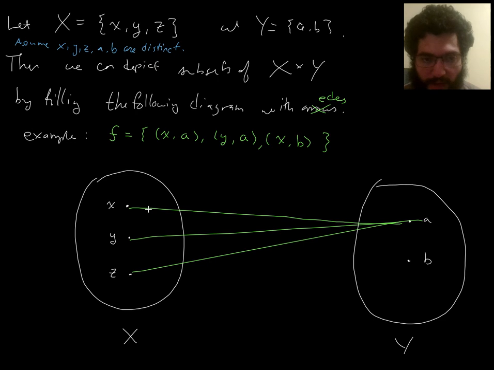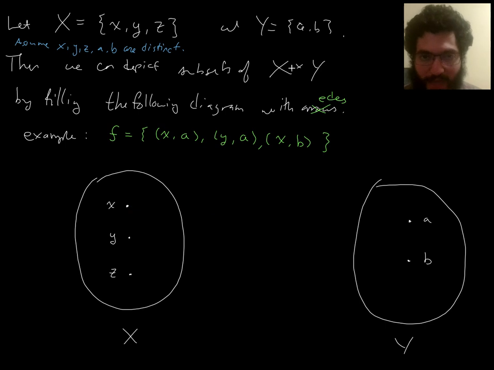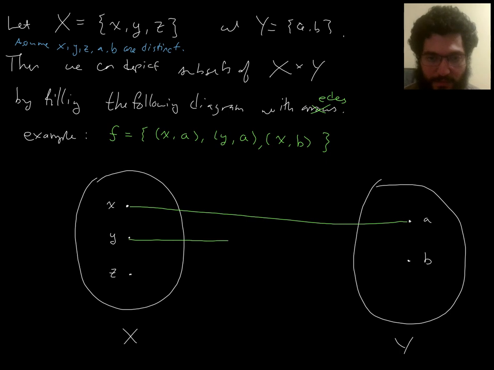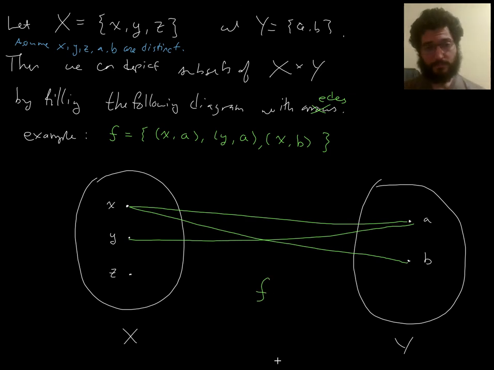There are 3 like that, and 3 like that. So that's the 6 pairs, x Cartesian product y itself, you would depict like that by including all of those. F only consists of these 3, so I would depict it like this. So this is a picture of f.